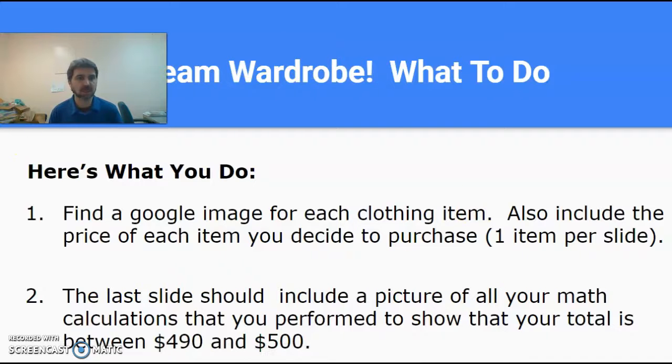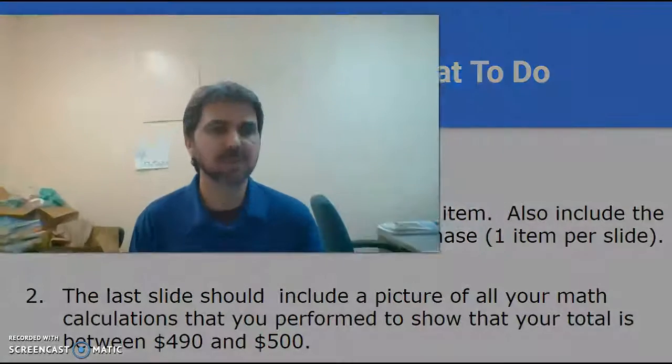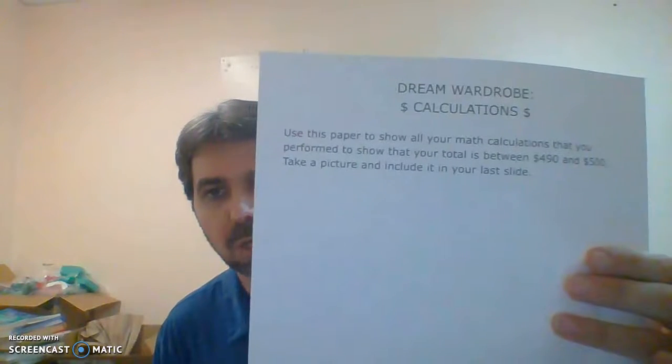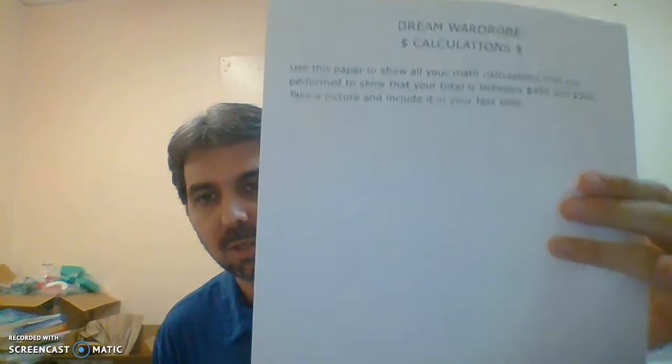You can just use a piece of paper. I printed this out, just as Dream Wardrobe Calculations. At the end, this is where you show your work. When you're totally done, you take a picture of it and you post it to your last slide.